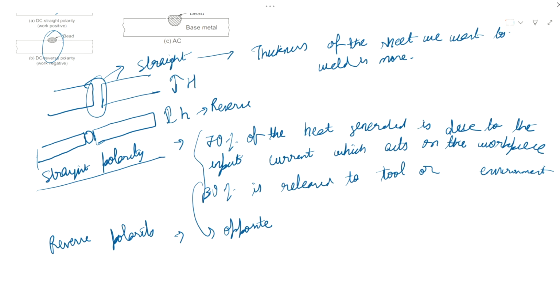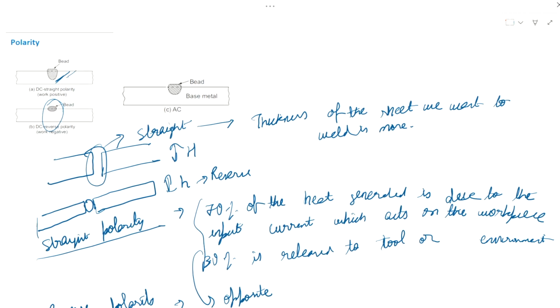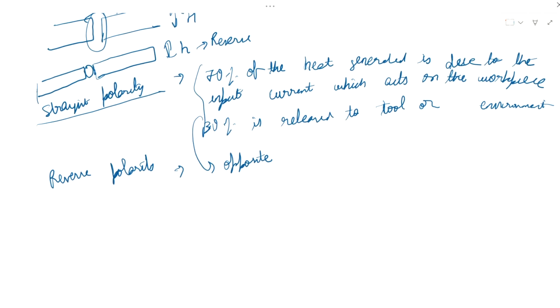Now, in alternating current, there is no polarity. So, we will get a bead like this. There is nothing to differentiate. It is a cyclic process. Okay. Now, I need to just draw this.